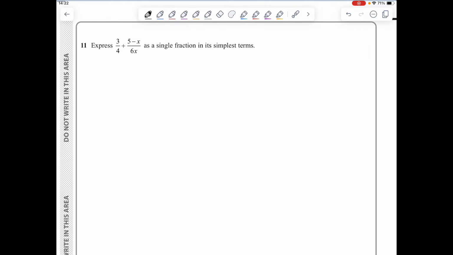For question 11, I'll start by rewriting that expression. I want to make the denominators the same, so I need the lowest common multiple of 4 and 6x, and this is equal to 12x. And I'll need to multiply the first fraction by 3x, the second one by 2.